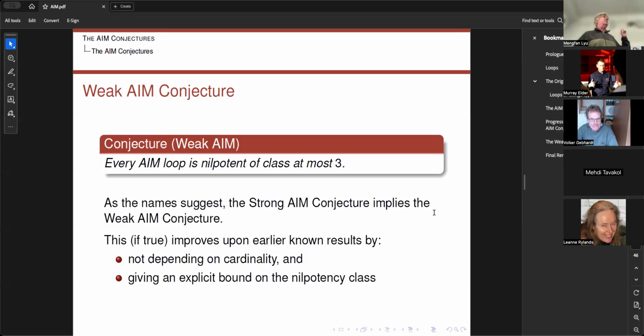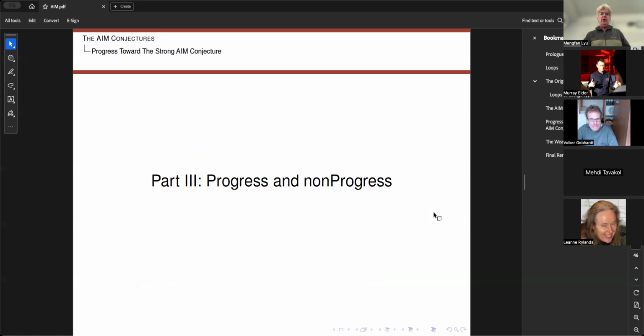This would improve upon the Niemann-Kepka result if it's true. Spoiler, it's true, because it doesn't depend on cardinality. It's true even in the infinite case, and we do have this explicit bound. Okay, so let's talk about progress and non-progress.